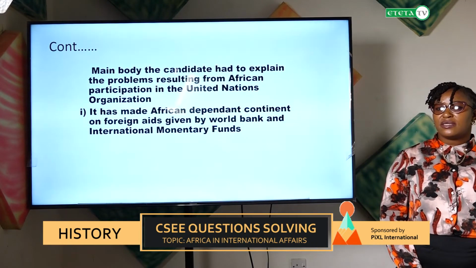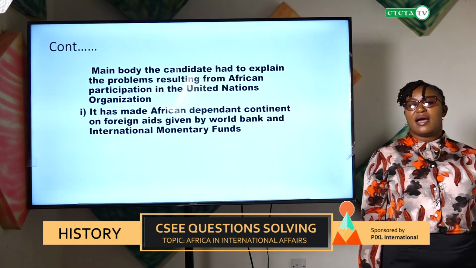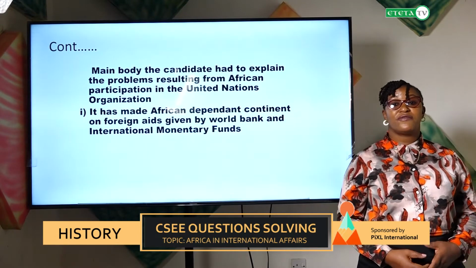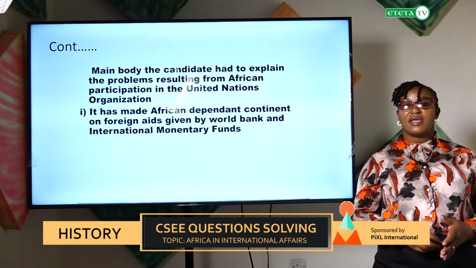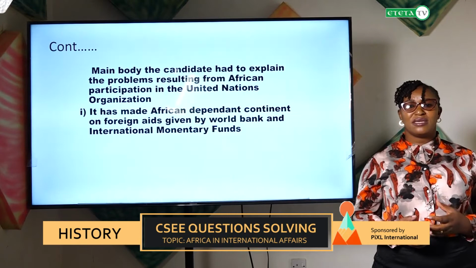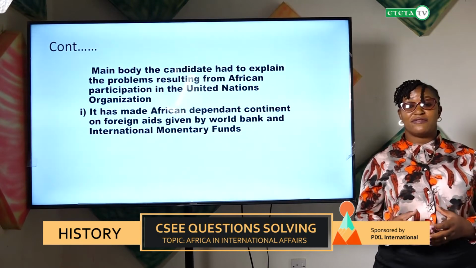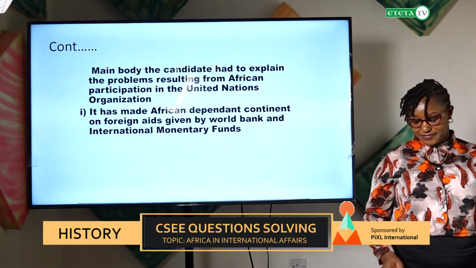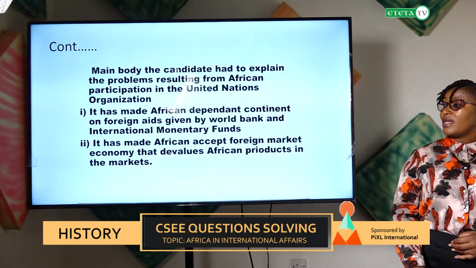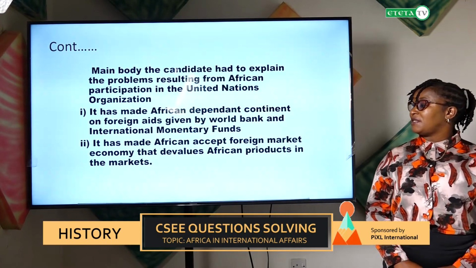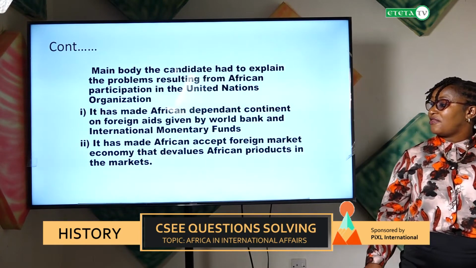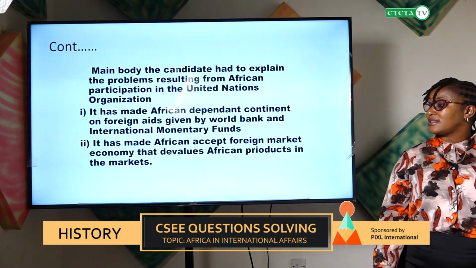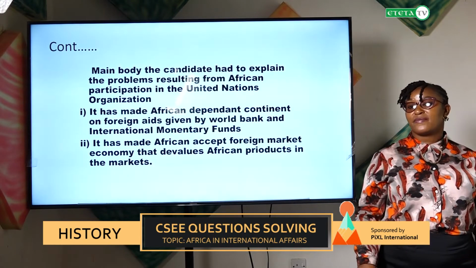This means that African countries are still depending on abroad. They are asking for loans and other funds from the World Bank and IMF.